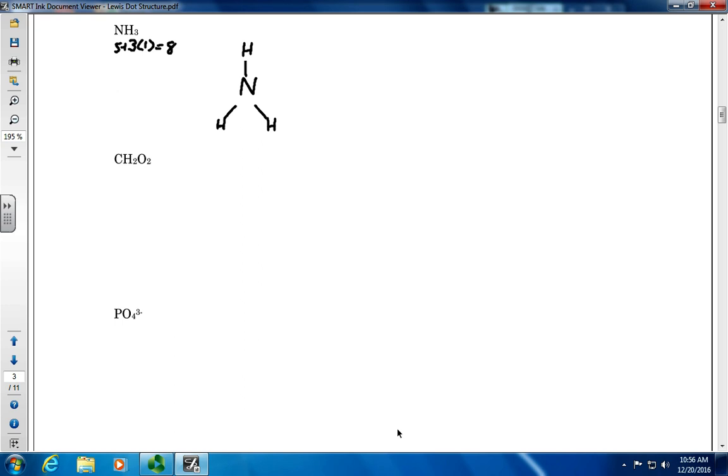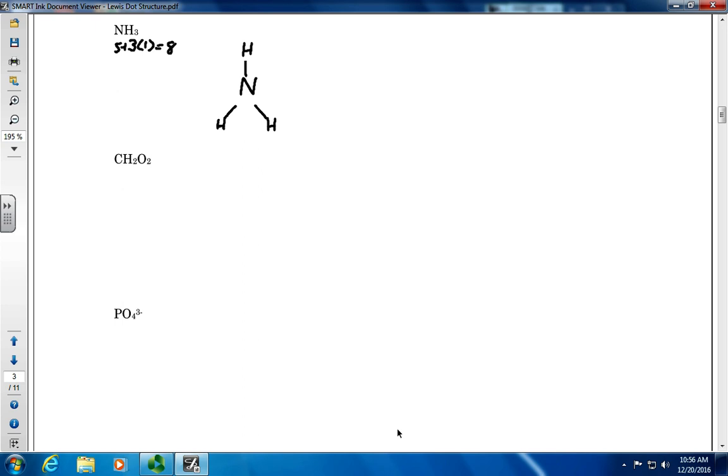Hydrogen is very happy with 2 electrons. Nitrogen still wants 8 total. And right now it only has 6, 2 from each of the bonds. So it needs that other 2.